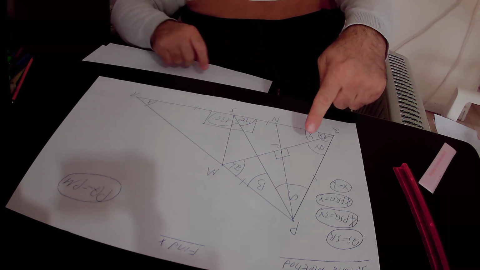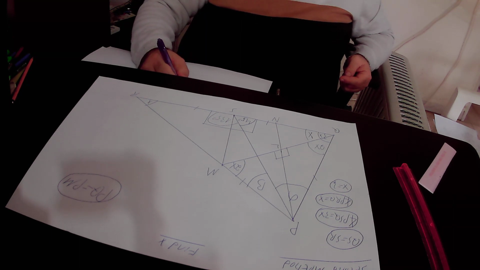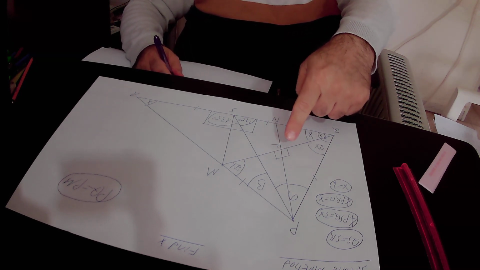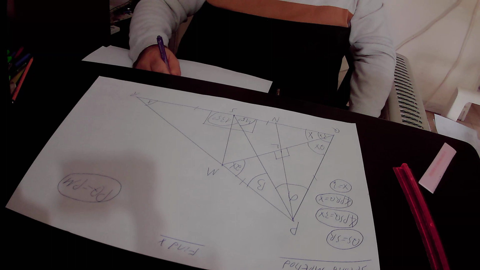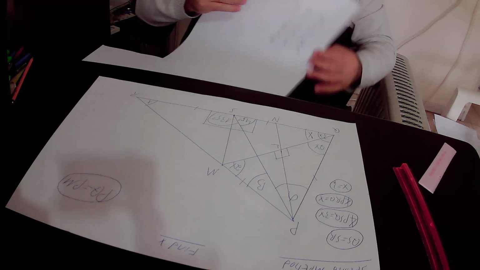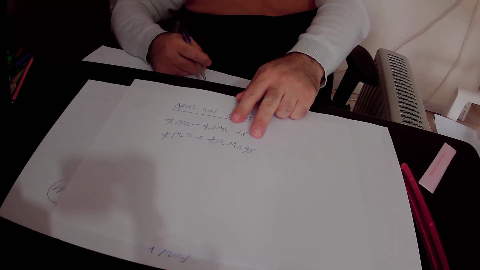So angle PLQ of triangle PLQ is equal to angle PLM of triangle PML, and both angles are equal to 90 degrees.